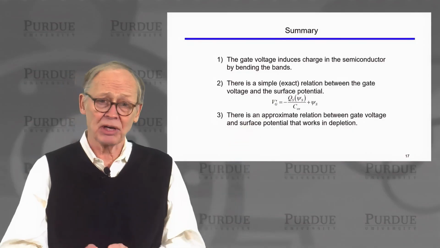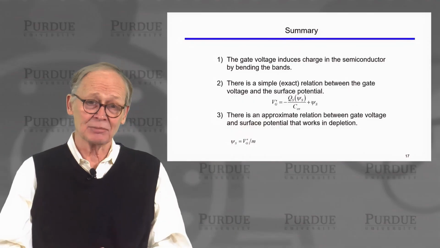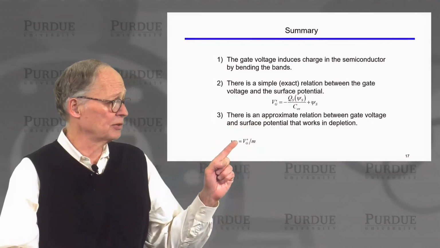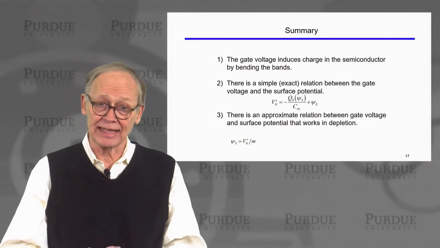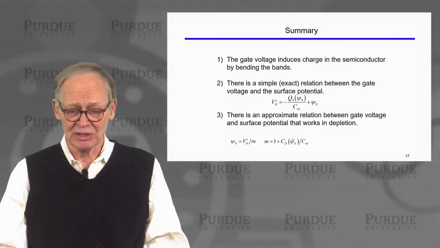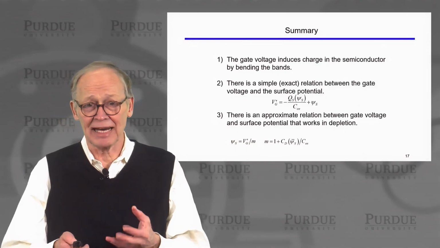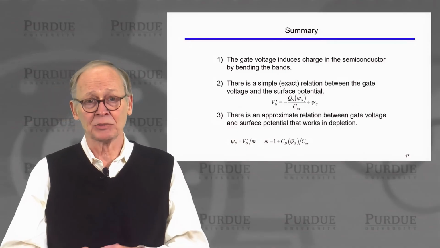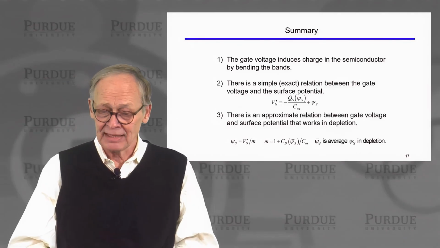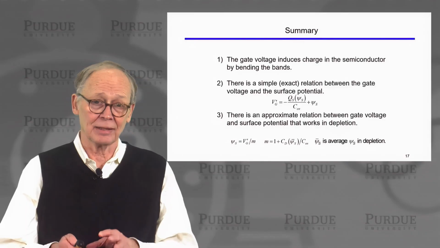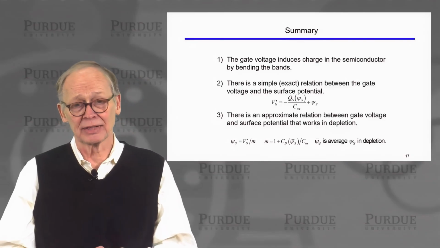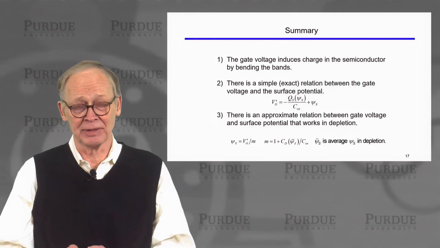There is also an approximate way to do this, thinking about this system as 2 capacitors in series. Then the surface potential is just some fraction of the gate voltage, and that's determined by this parameter m. We evaluate that by using some average value of surface potential when we evaluate the voltage-dependent depletion layer capacitance. And that is a widely used approximate technique for relating the gate voltage to the surface potential, and we will see that many times in the remainder of this course.